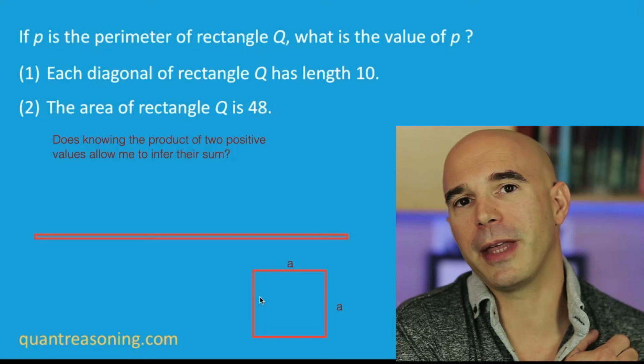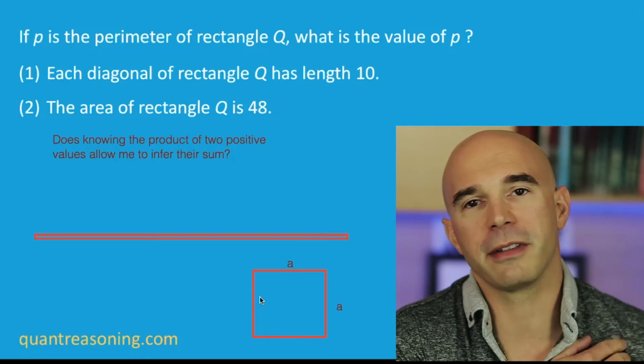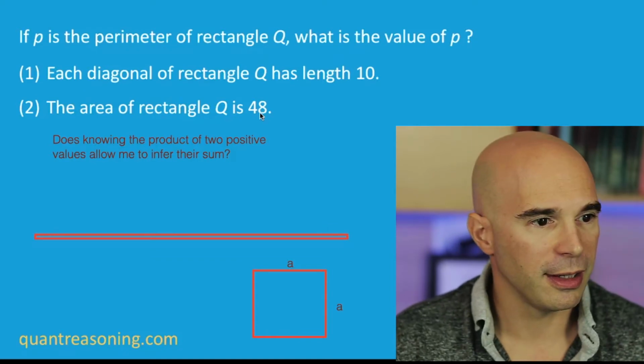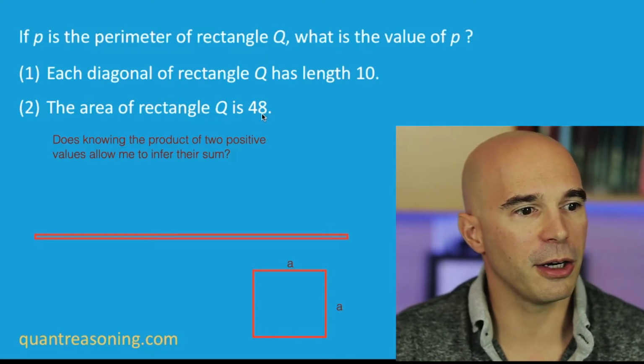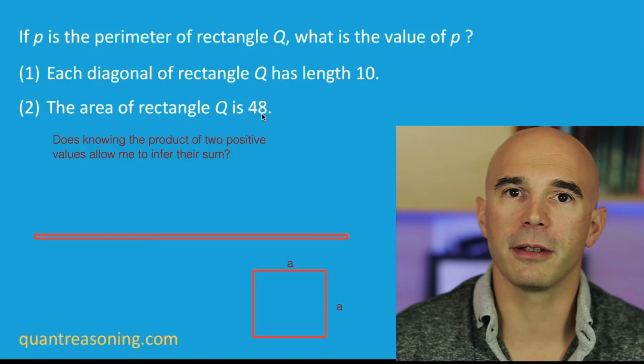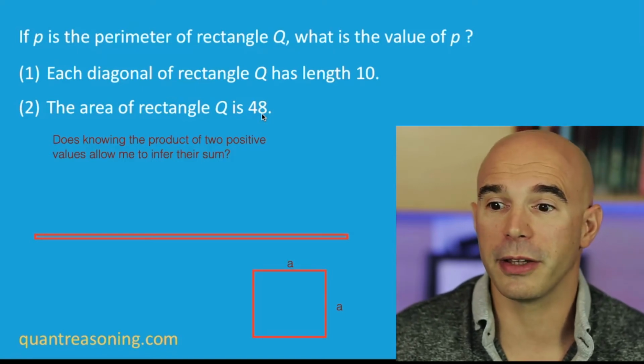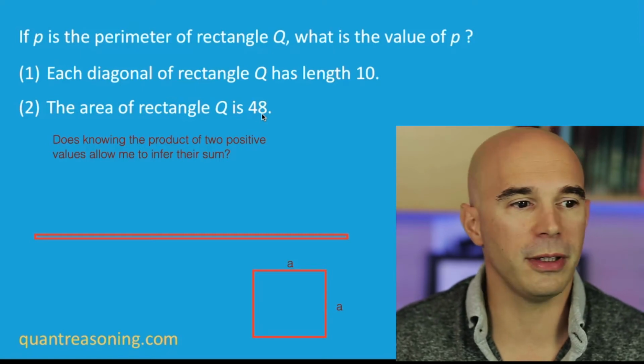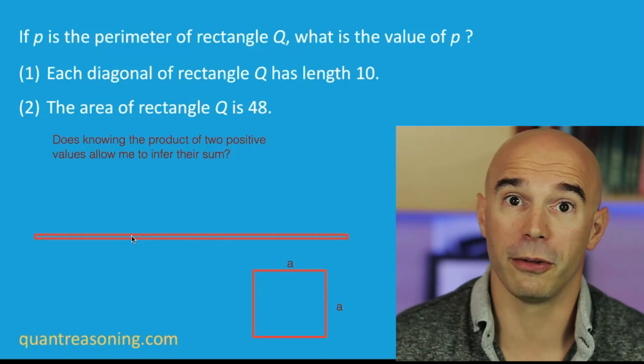Okay? So that's something that I think is useful when we are evaluating statement 2, because we can then say, look, I know that a given area of a rectangle is going to lead to different perimeters depending on how symmetrical that rectangle is. If it's a square, then your perimeter is going to be fairly small for the area of 48.